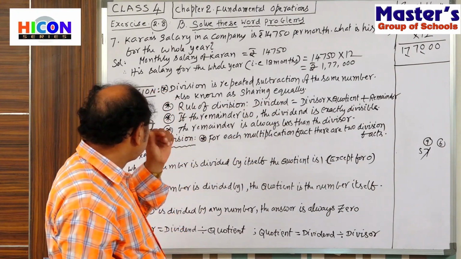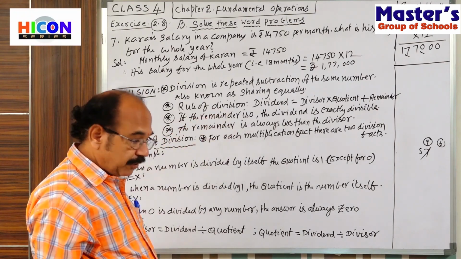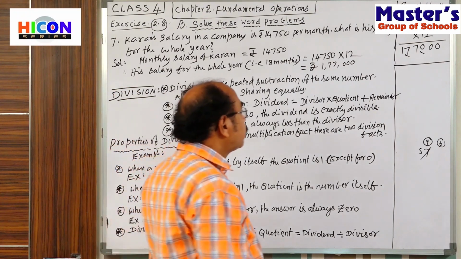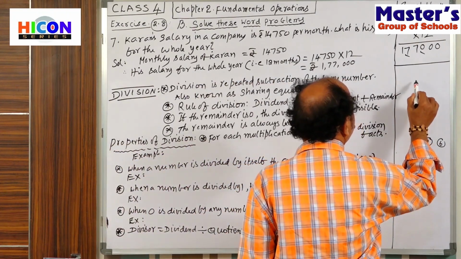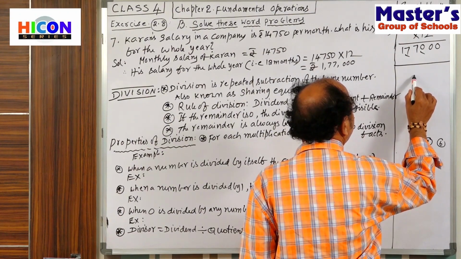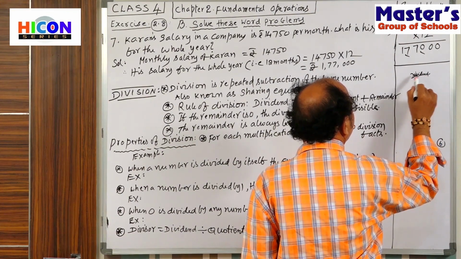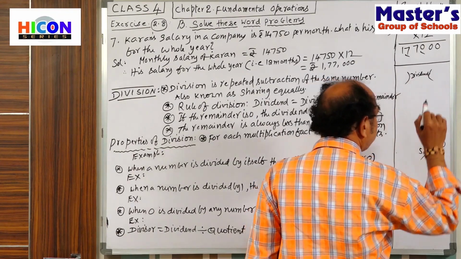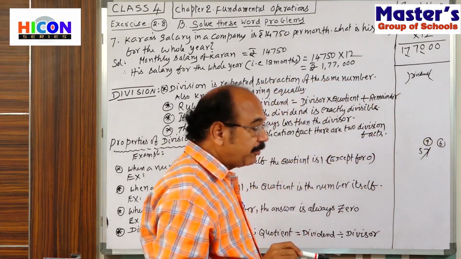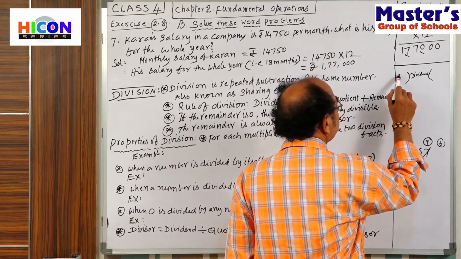Next, second point, rule of division. What is the rule of division? You see, in the division, here, dividend, we should divide the dividend with what? Divisor.